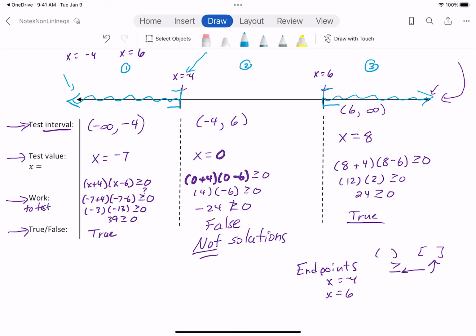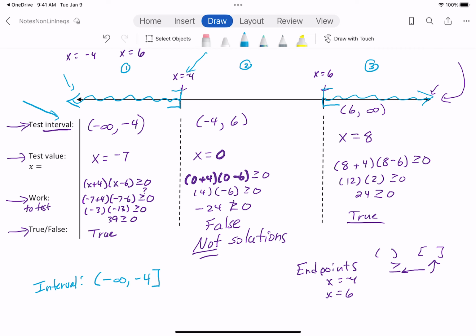It asked me to give the answer in graph and interval form. So that's the graph, it's completed. So for my interval answer, I'm just going to write the intervals that describe those two regions that we shaded. The first one started at -infinity and it went to -4. But now that we've tested the endpoint, we know that this is a bracket.